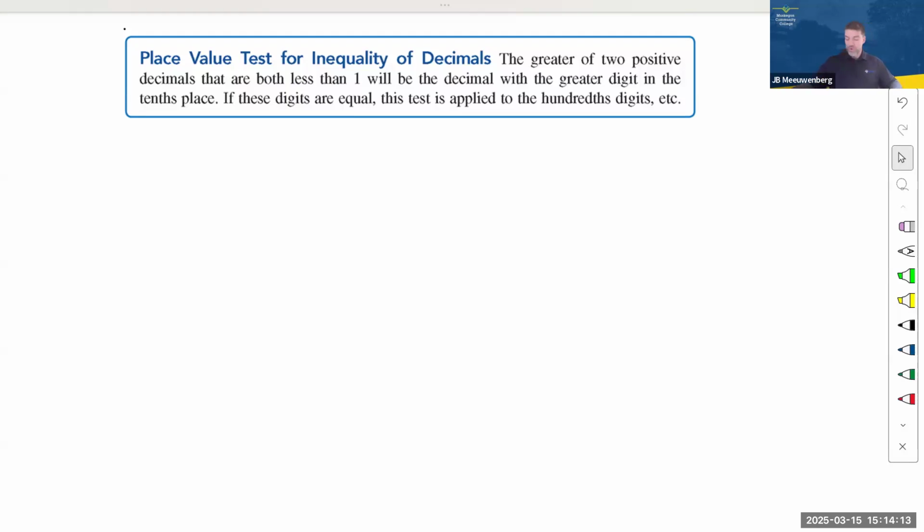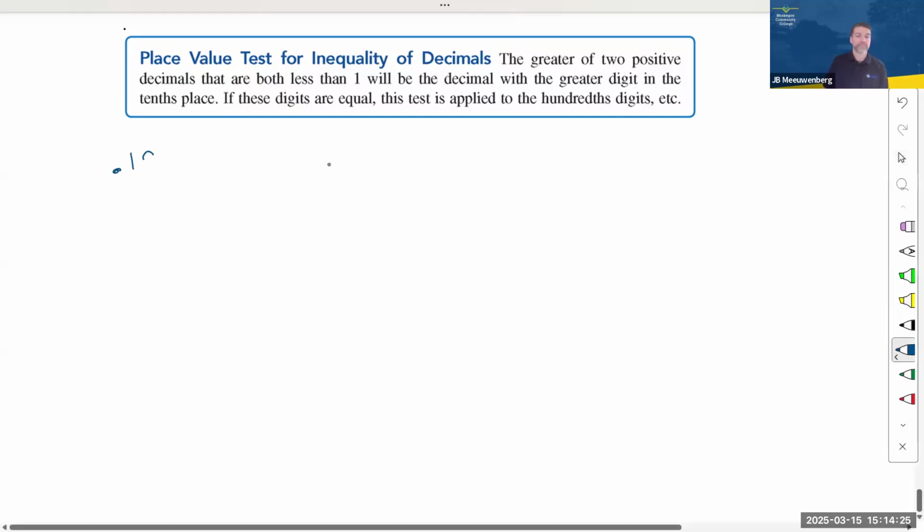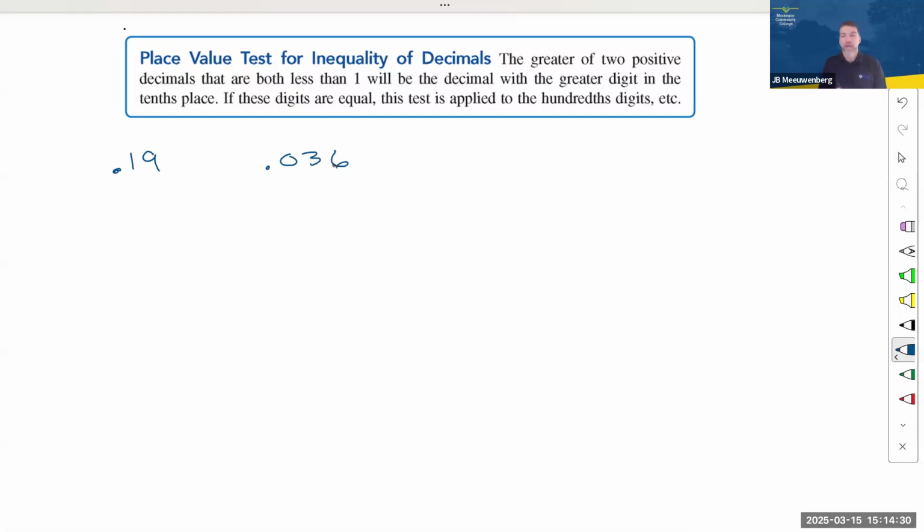So essentially, what we are doing here is we're going to take a couple numbers and compare them. I'm going to start with these, 0.19 and 0.036. And we're going to determine which is bigger. Now, the definition says the greater of two positive decimals.